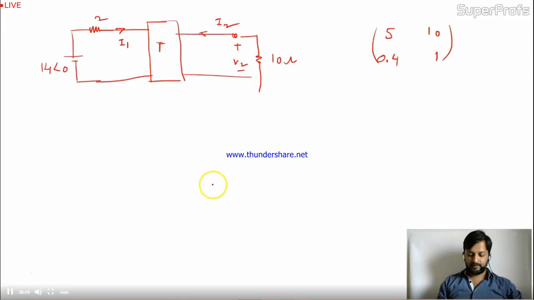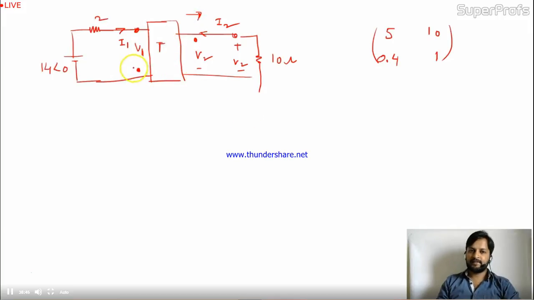Okay. For this circuit, the voltage over here is V1 and the current is I1, and for this side the voltage is V2 and the current is in this way.